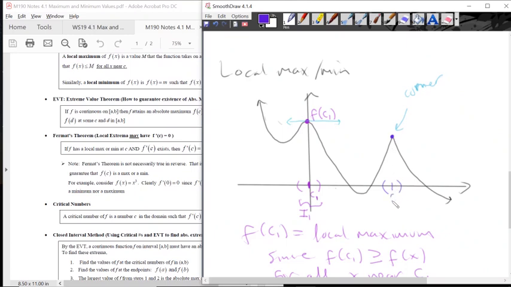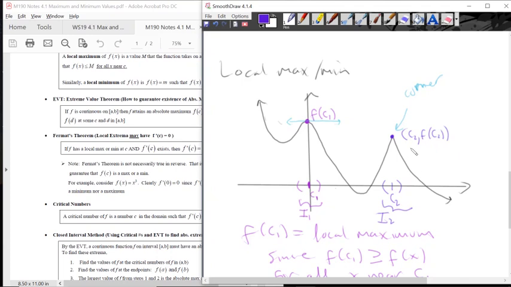Let's call the value of the input C2, and let's call this interval I2. So I2 is an interval around C2. The output right there is the point with coordinates C2, f of C2.